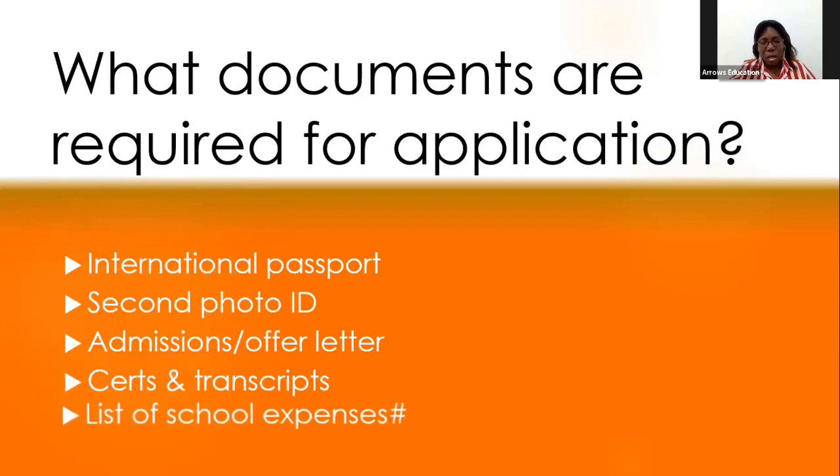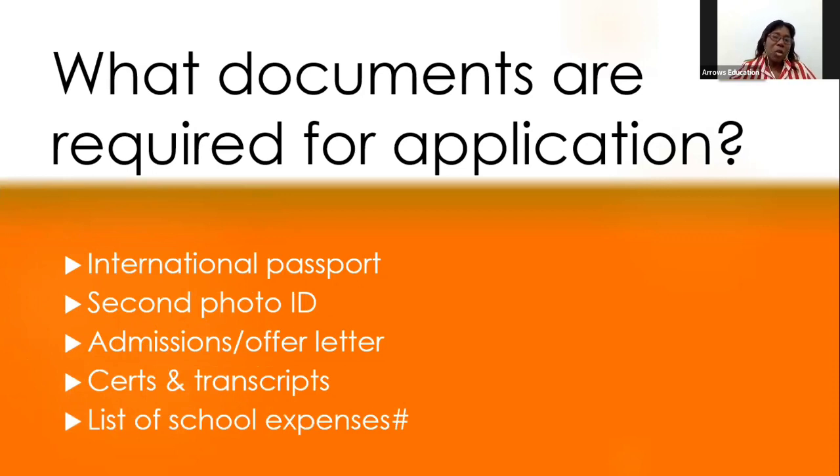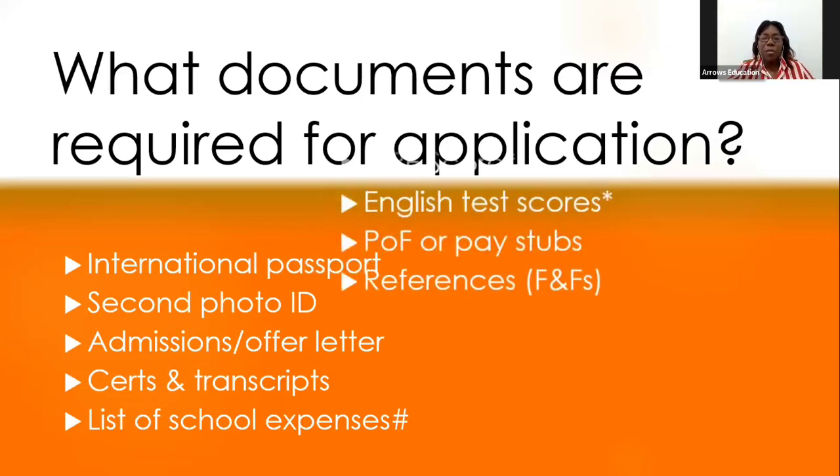You need the list of your school expenses. Usually this is listed on your offer letter. So if you are studying in the US, your Form I-20 has these details. If you are studying in Canada, your acceptance letter also has this information. So it's not something to worry yourself about.